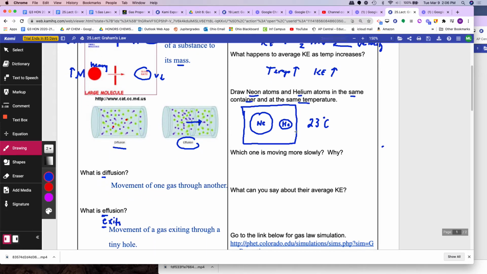So if they're in the same container, that means they're experiencing the same kinetic energy. So kinetic energy is the same. But what's really weird is even though the kinetic energy is the same, the neon will move slowly and helium will move faster because it's lighter. Okay, so the answers up here. Neon will move slow because it is heavy.